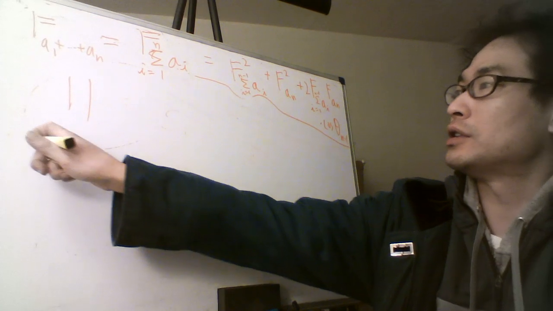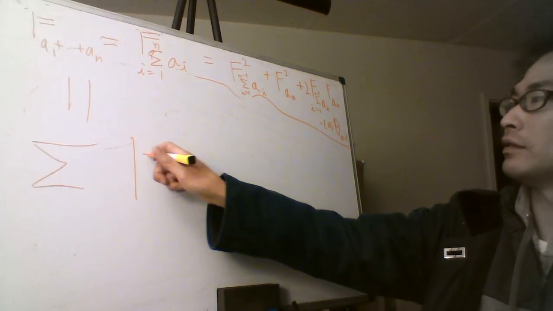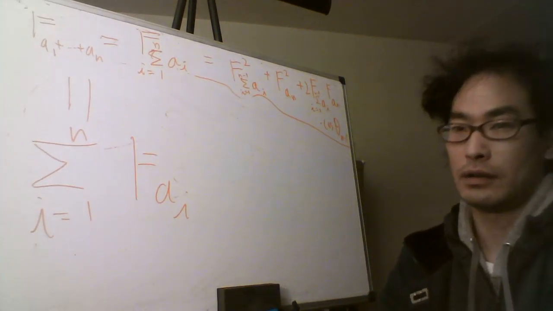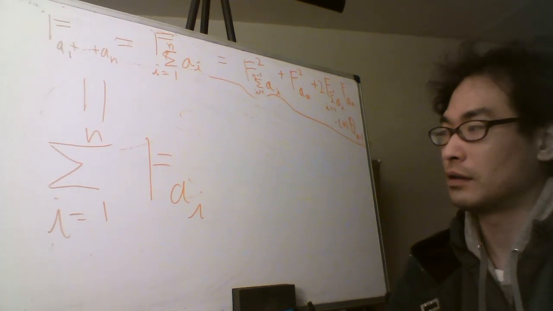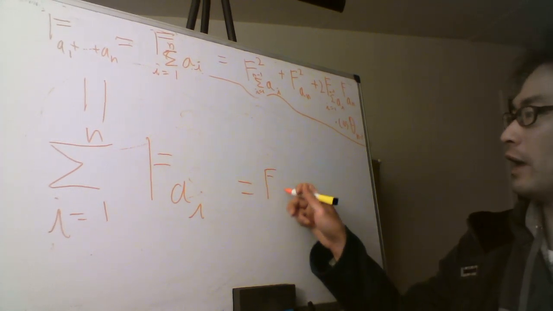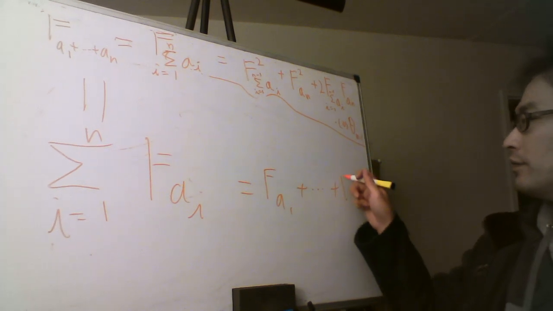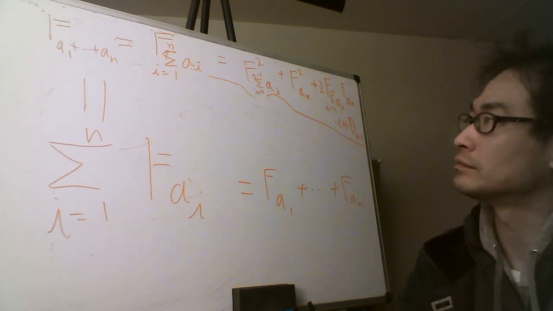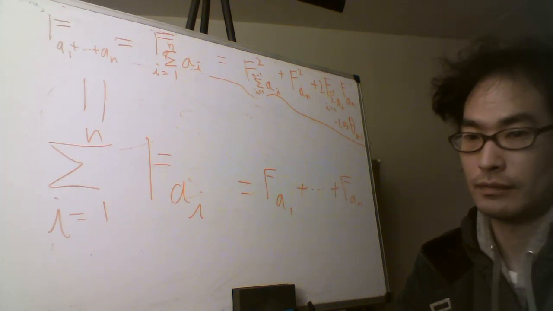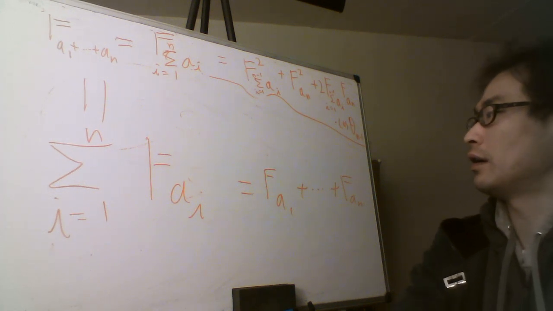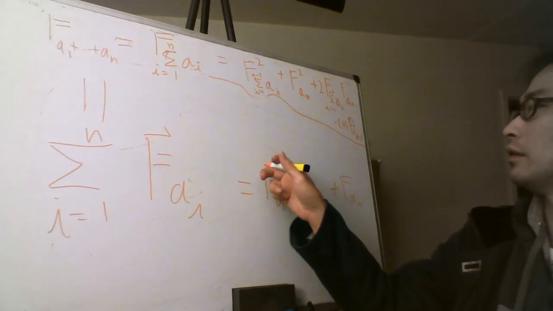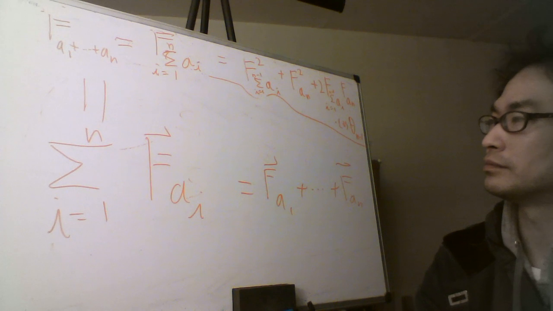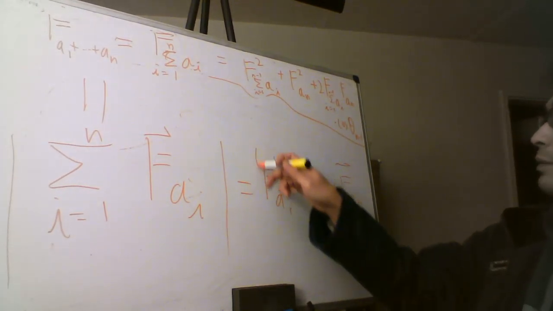This is equal to the sum of f a i, where i goes from 1 to n, which is equal to f a1 plus and so on plus f of an. We are just doing absolute value here.